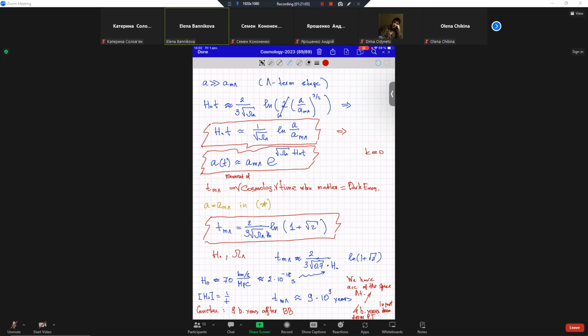And it looks like a real fortune that we are living in a universe where the dark energy started to be very important in the dynamics of the universe only 4 billion years ago, but not earlier.